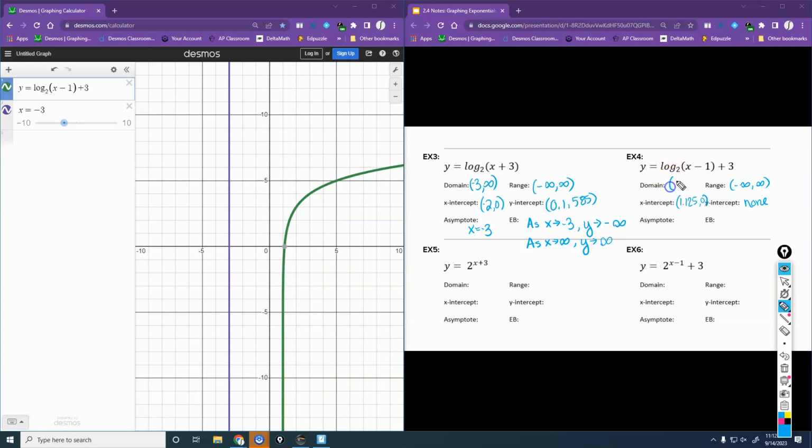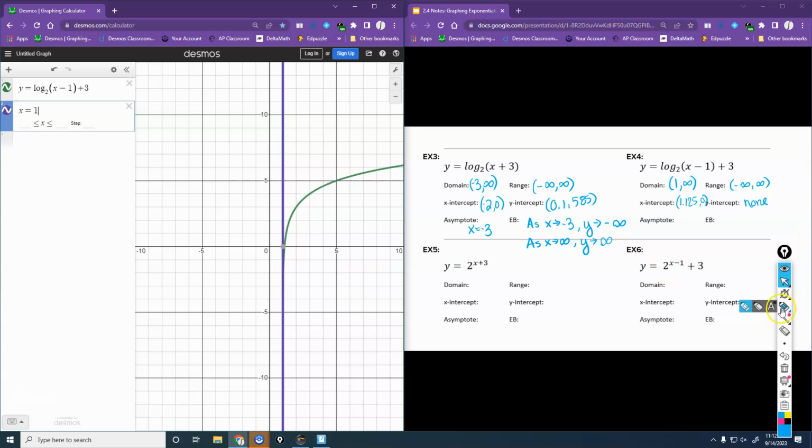1 to infinity. Yeah. Because on this one, I can go over here and change this to x equals 1, and I can see, oh yeah, that looks like the asymptote there. You'll also notice whatever is inside of that, x minus 1, it can't equal 0 because you can't take a log of 0 or anything less than 0.